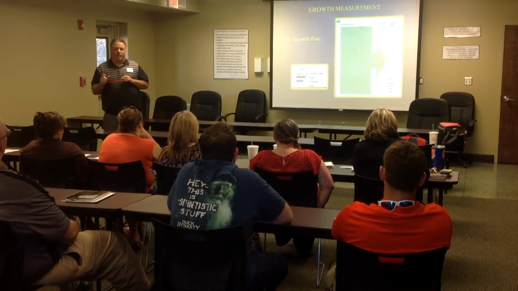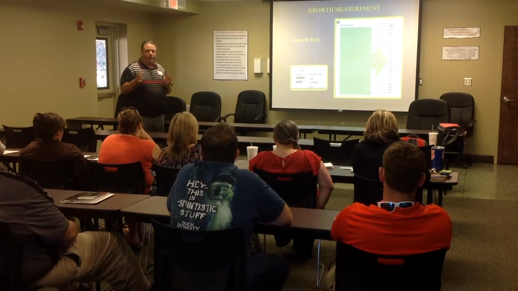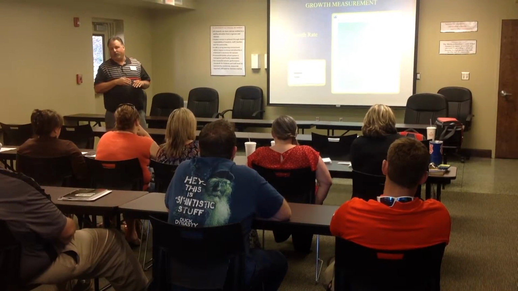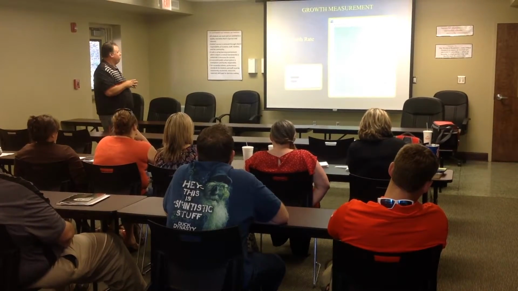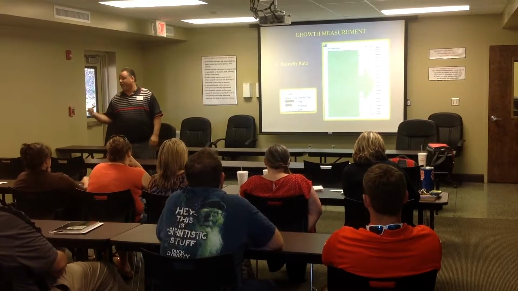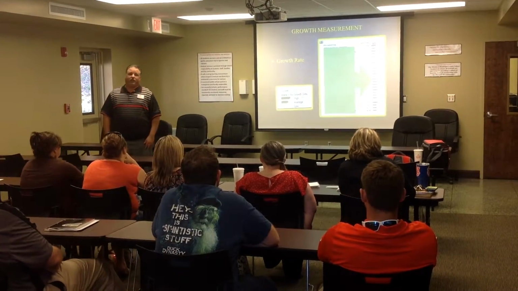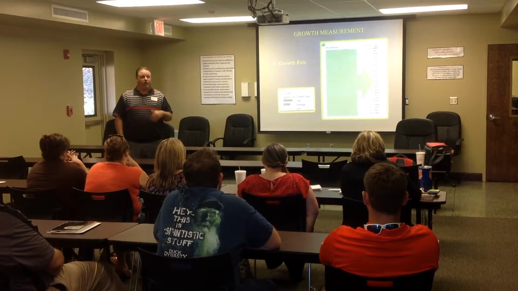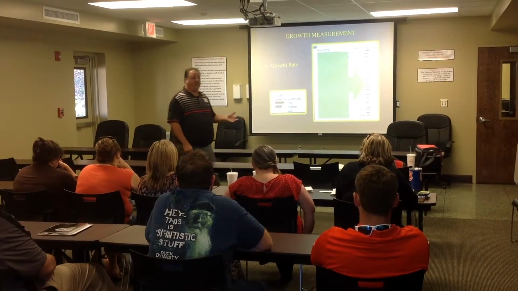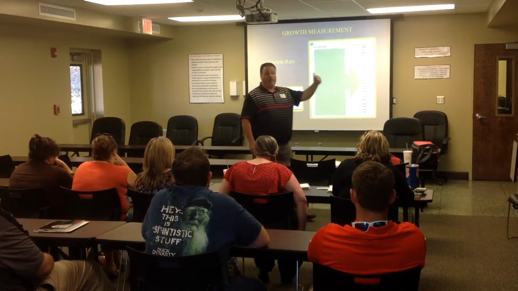The middle-sized dark bar is average growth, and the light colored bar is below average growth. So what does that mean? If I have a kid that's close but has that dark bar, that means what I did for them the year before worked. Although they may not be in proficiency yet, what we did for them in the past year moved them.